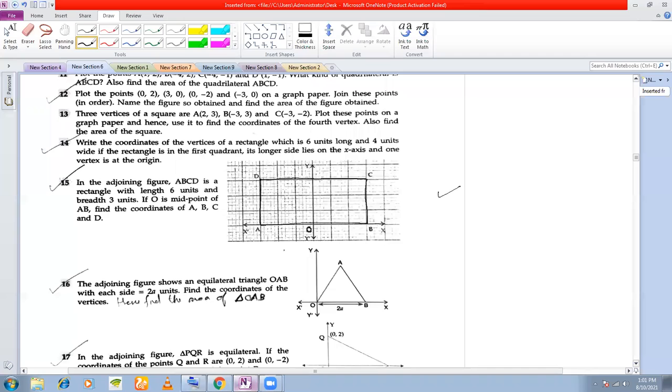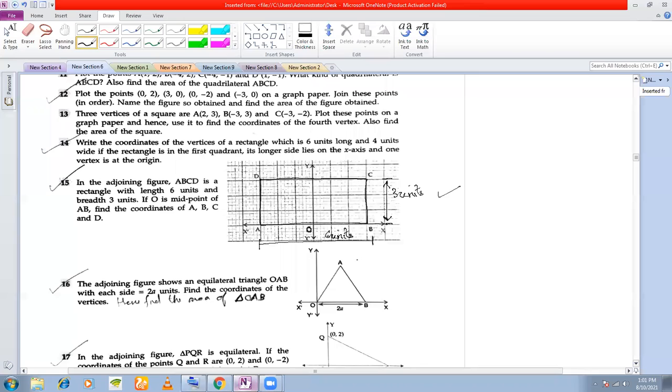The length of this rectangle is given to be 6 units. That means this length here is how much? 6 units. And the breadth is 3 units. That means from here to here, you have 3 units.